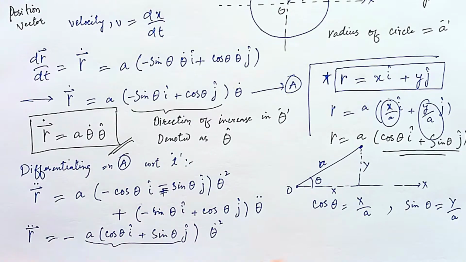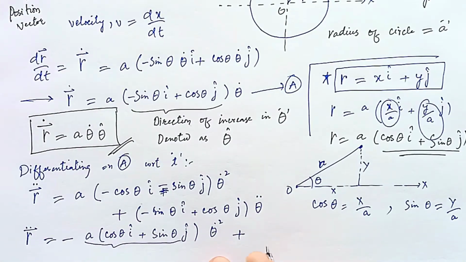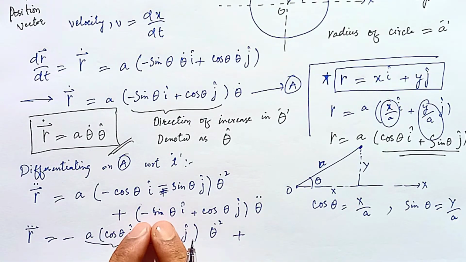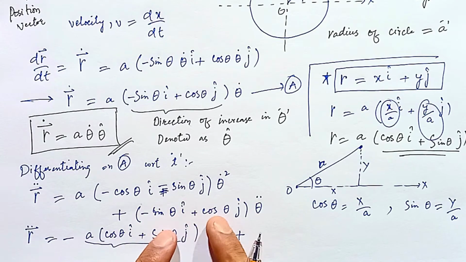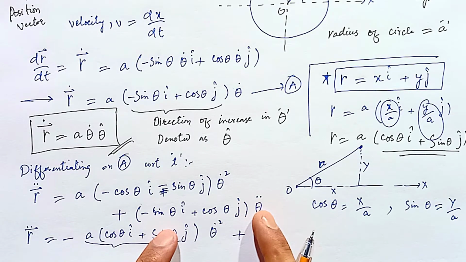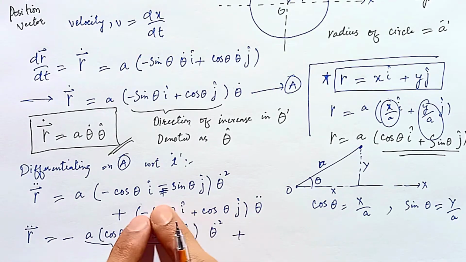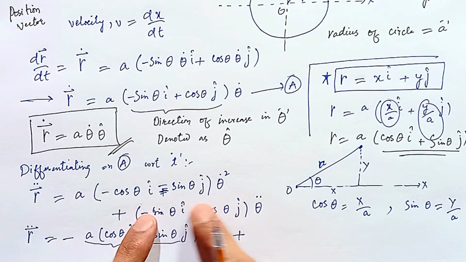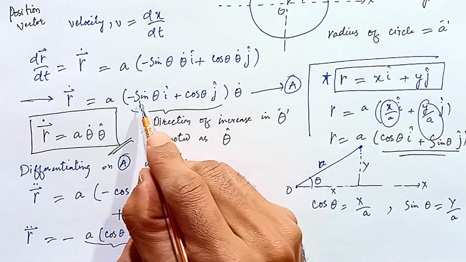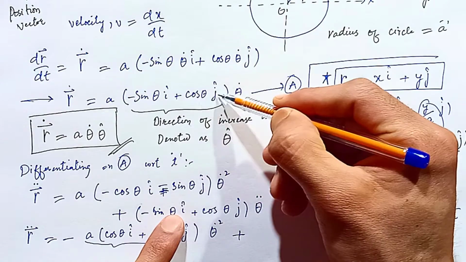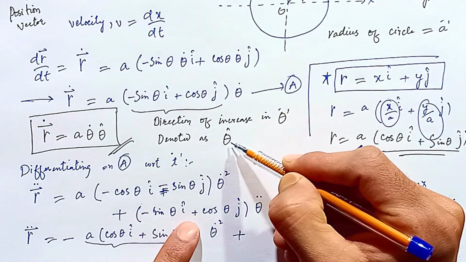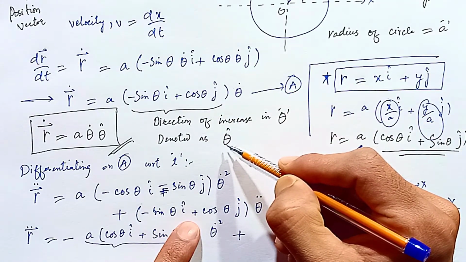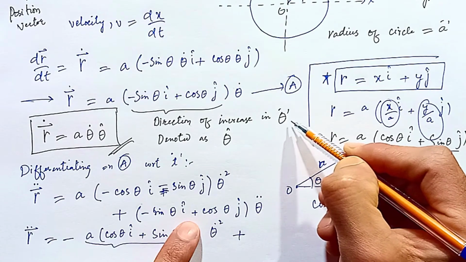Plus minus sine theta i plus cosine of theta j, times theta double dot. This is what I told you: minus sine plus cosine of theta gives the direction of the increase in theta.